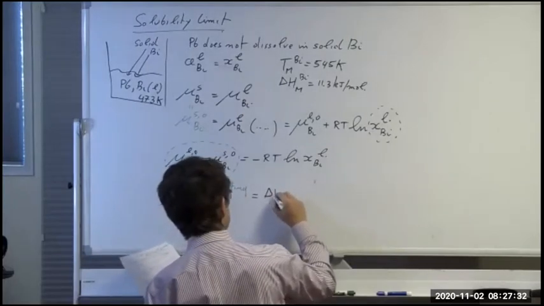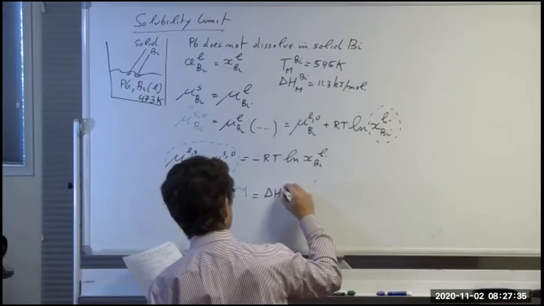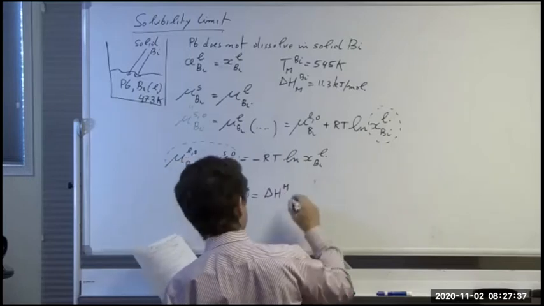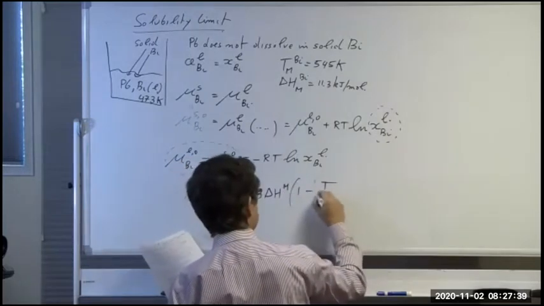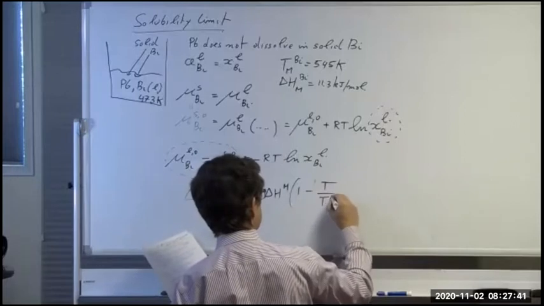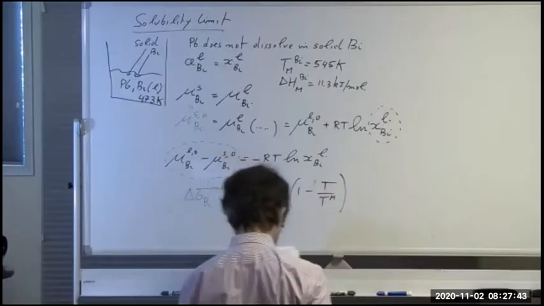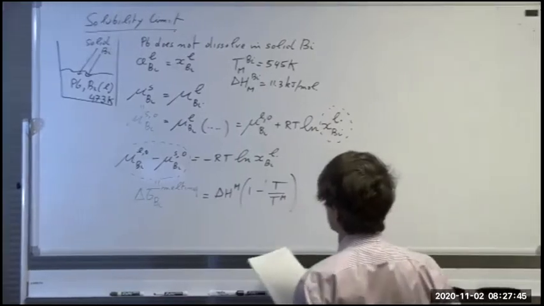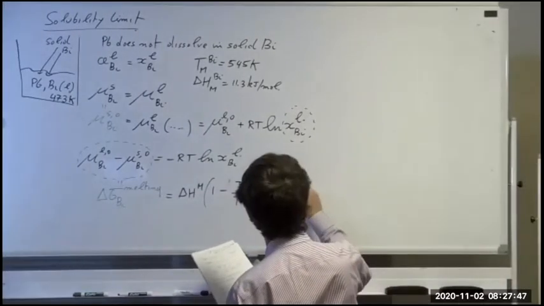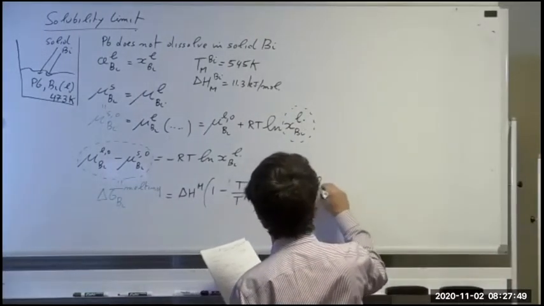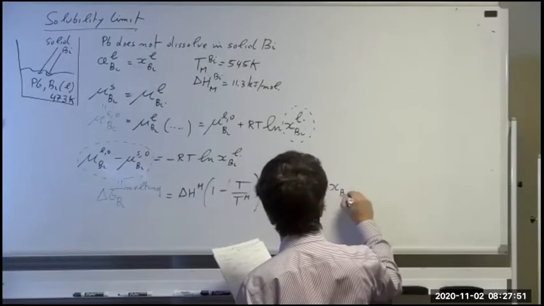In this case, it's delta H of melting, I'm just going to write M for melting, right, times 1 minus T over T melting. So this here is equal to minus RT log X bismuth liquid.